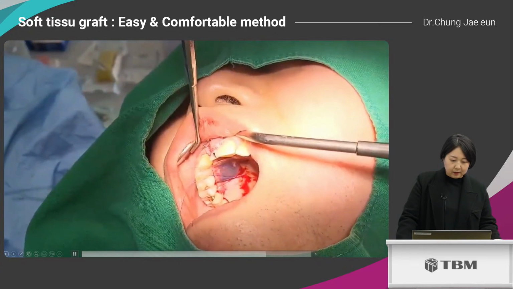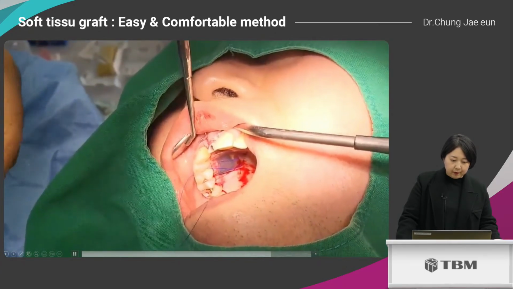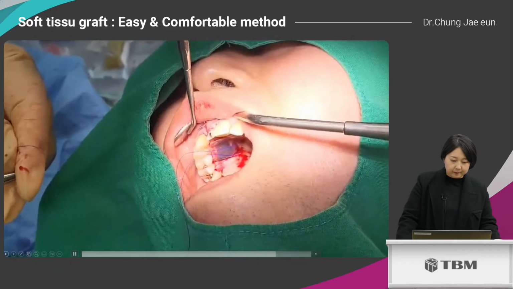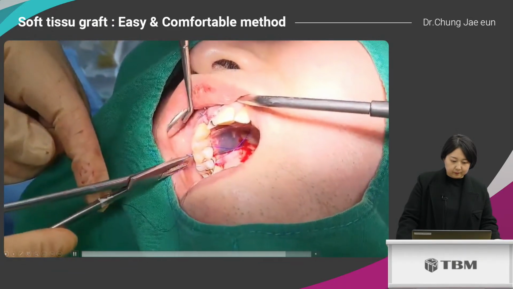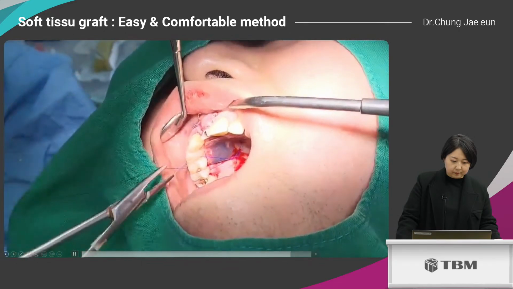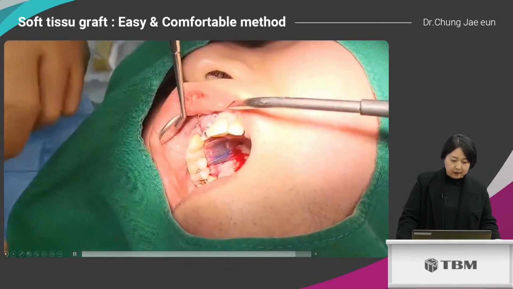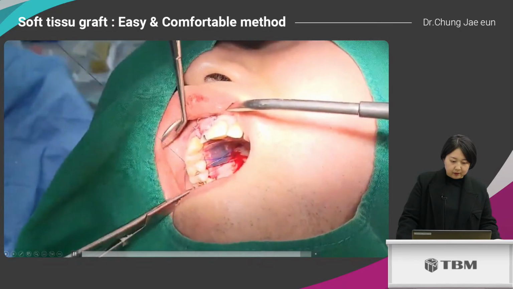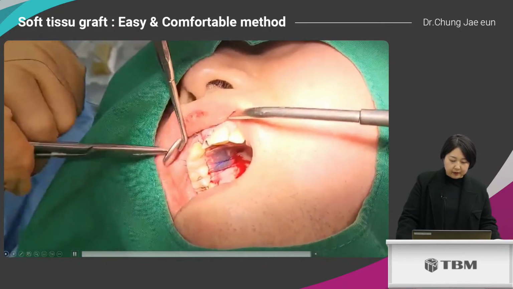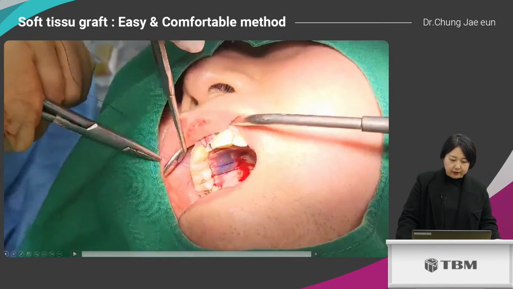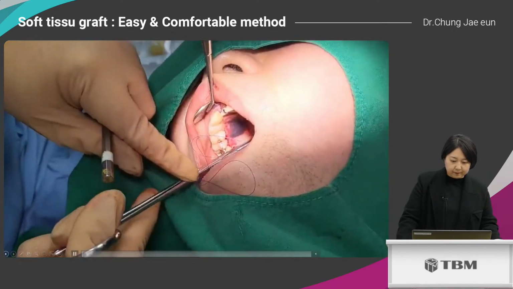Yes, and then the needle goes back to the buccal side of gingiva. And make a knot. You can see clearly this area that the suture can compress the dressing very firmly.